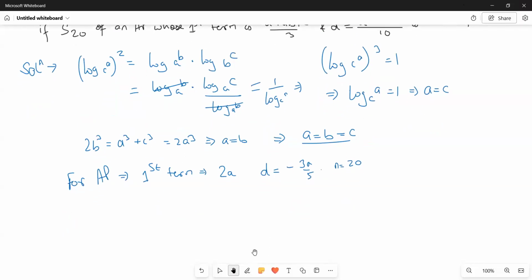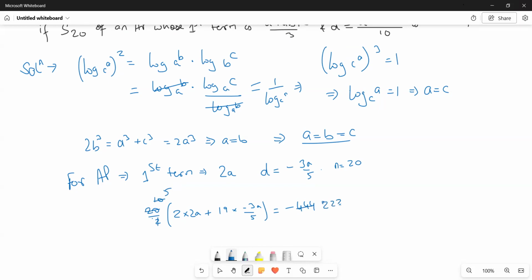So then we apply the formula for sum of an AP. So 20 by 2 into 2A plus (n minus 1), so that is 19D, D is minus 3A by 5, is minus 444. तो यहाँ से A निकाल लो.